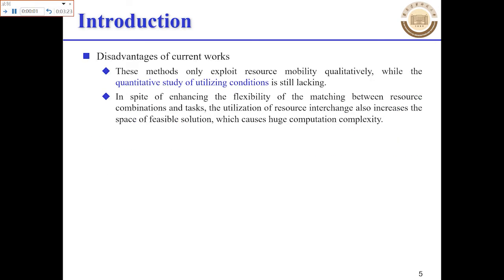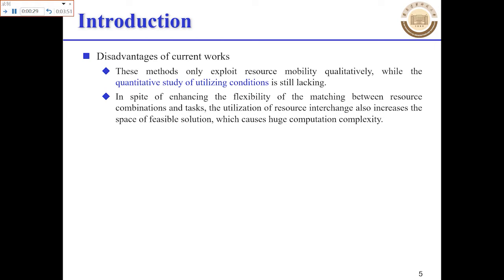All the above methods have good performance in terms of compensating the bottleneck resources. There still exists a lot of room for improvement. For example, these methods only exploit resource mobility qualitatively, while the quantitative study of utilizing conditions is still lacking.